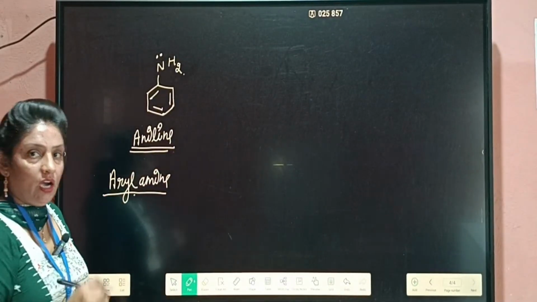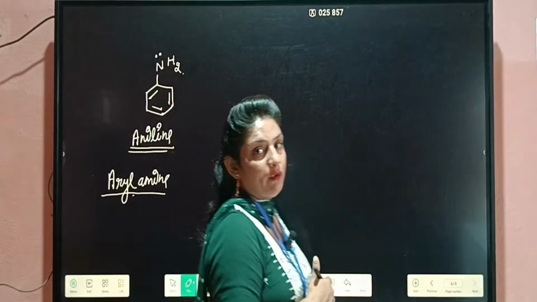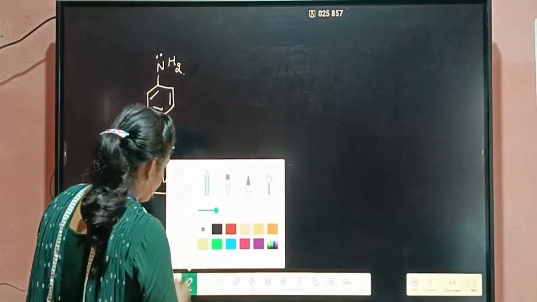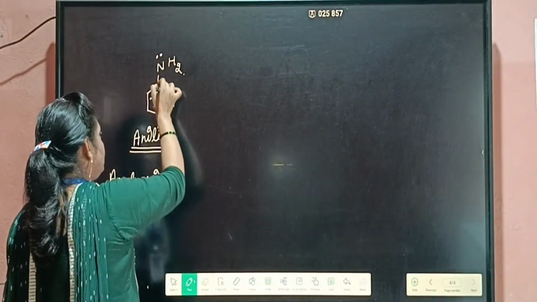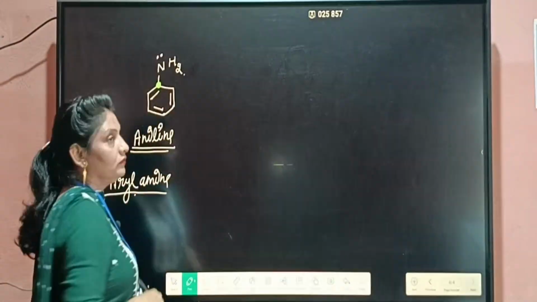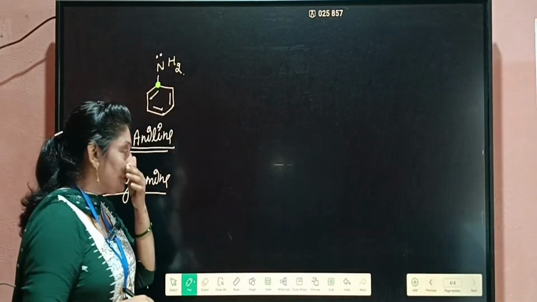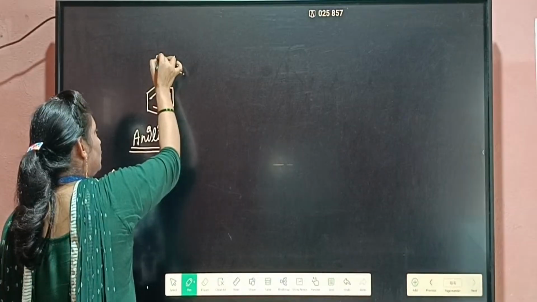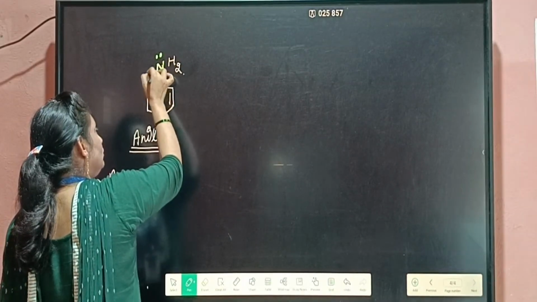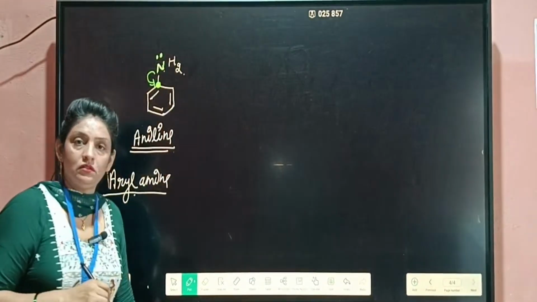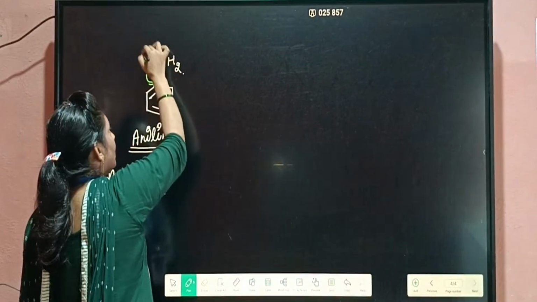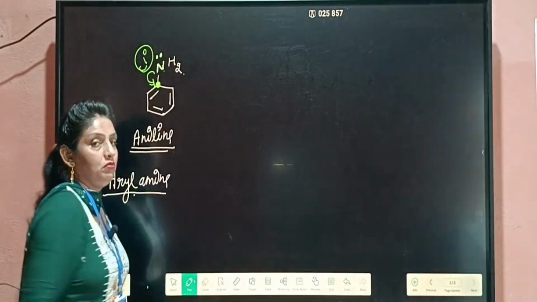Are you able to tell if it is primary, secondary or tertiary? You will see this carbon and nitrogen. This nitrogen is attached with only one carbon, so that's why it is primary. What type of amine? Primary.